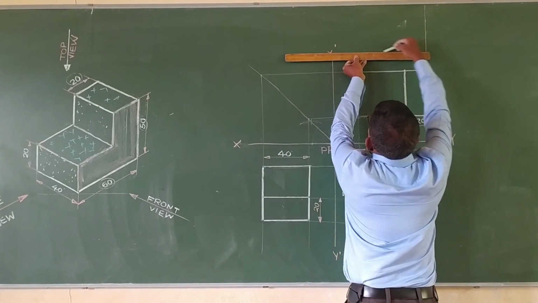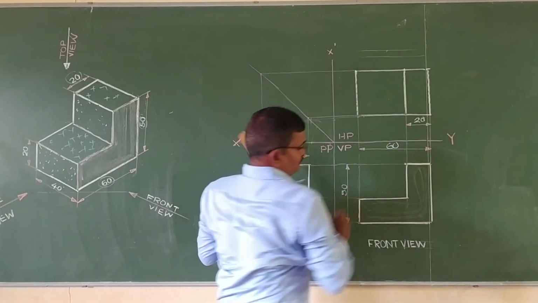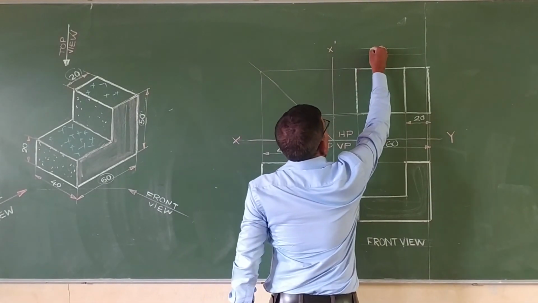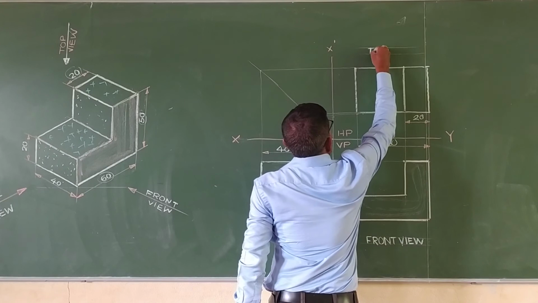In the middle of this view, draw two horizontal lines. Here we write top view or plan.